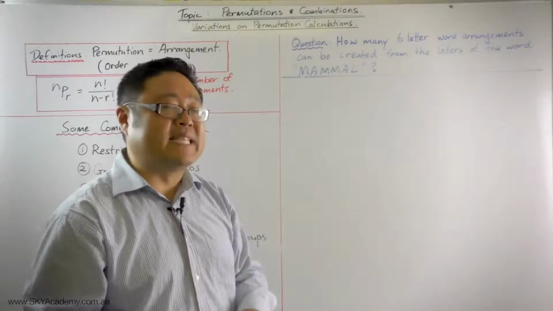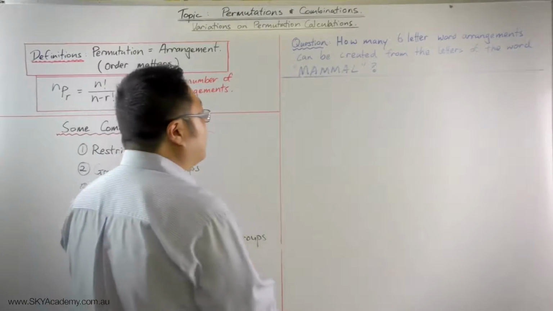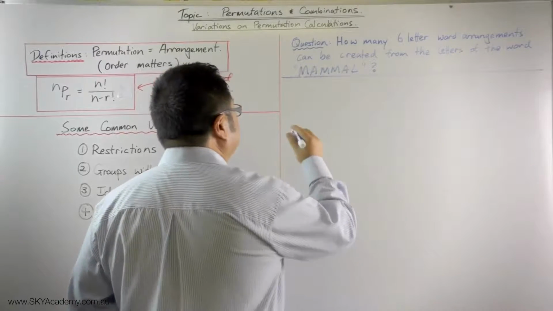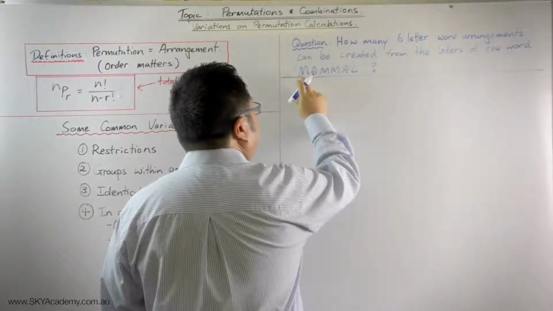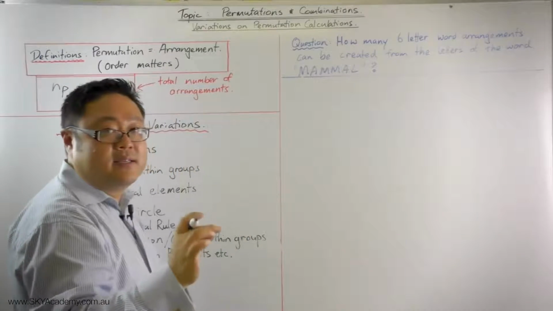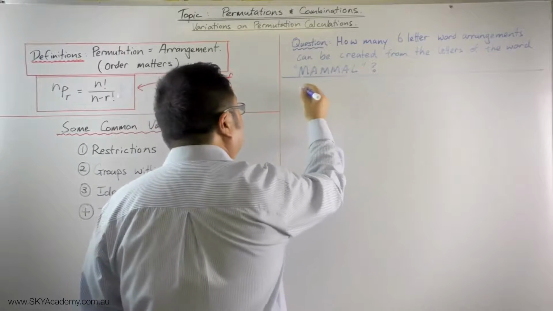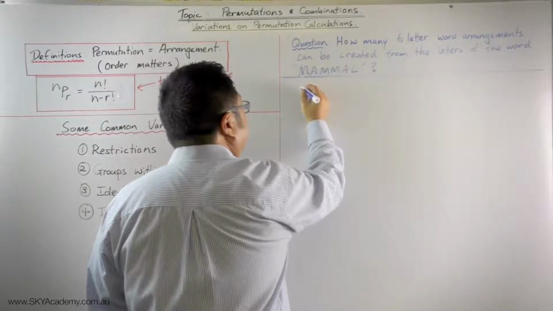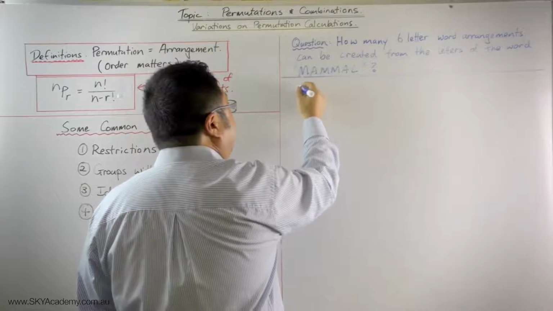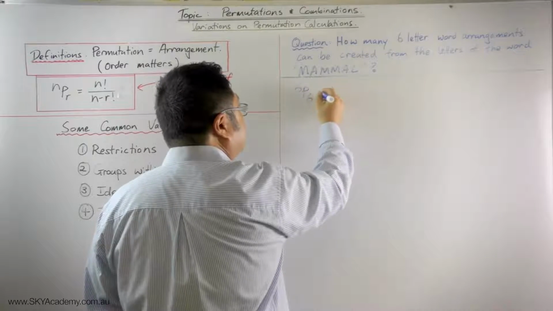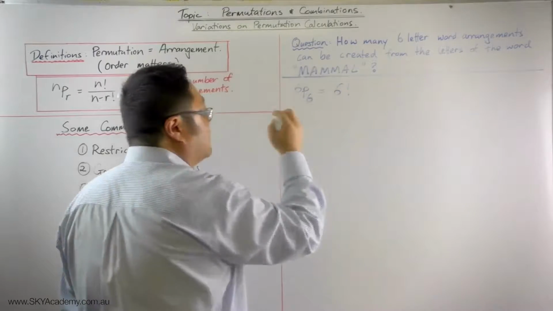Okay, well, let's go to our starting point, and that is to recognize that where you've got 6 distinct letters, not that these are distinct yet, right? But where you've got 6 distinct letters, the number of arrangements that you have is 6P6, or another way of saying that is 6 factorial. Got it?